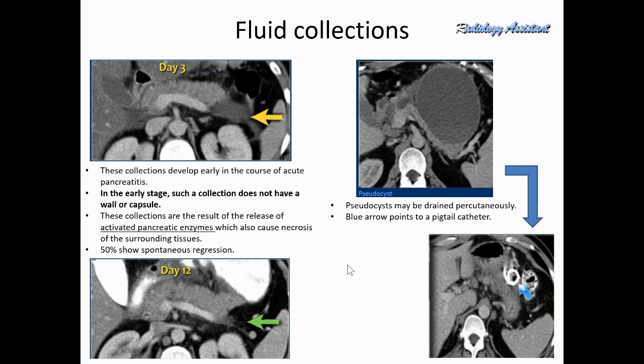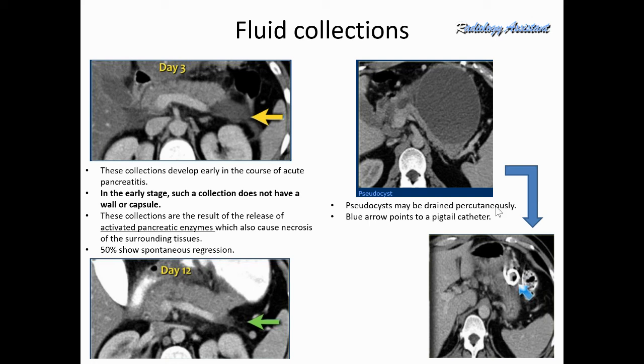However, if a fluid collection doesn't go away on its own, then it can develop a wall, and then a so-called pseudocyst might form, which can cause pain for the patient. And in such cases, we can drain these pseudocysts with a catheter at the interventional radiology department.